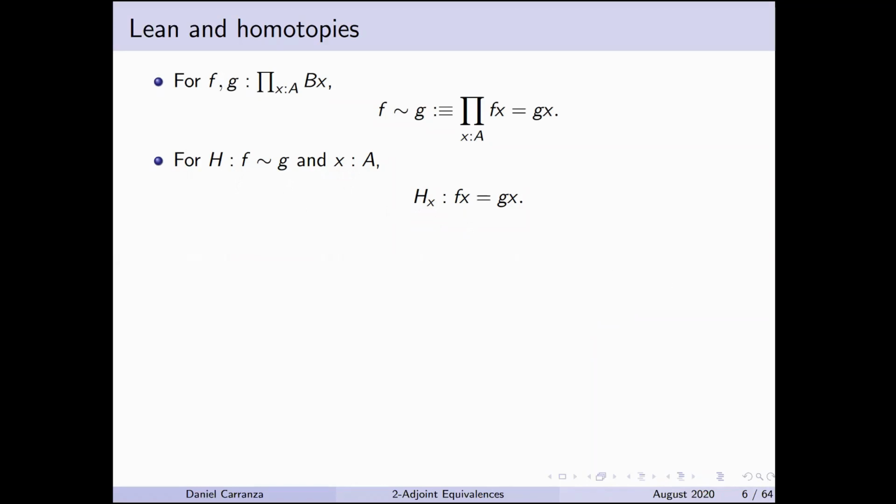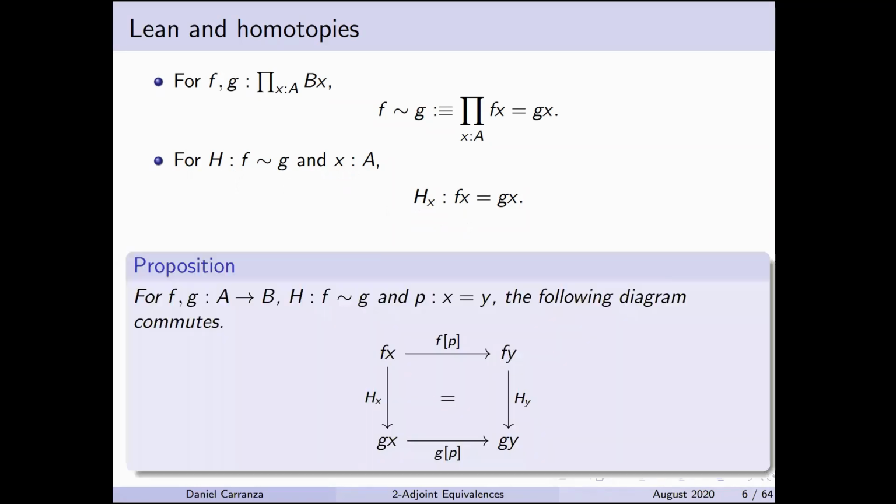And as we know, homotopies have this kind of naturality condition to them, where if you have two functions f and g from A to B that are homotopic to each other, and you have a path between 2 points in A, x and y, then we have that this diagram commutes.